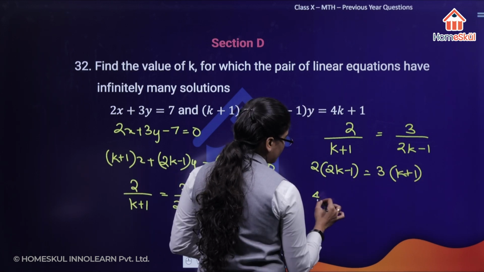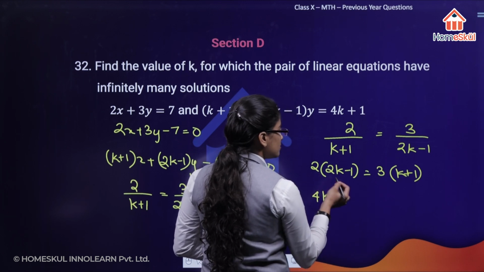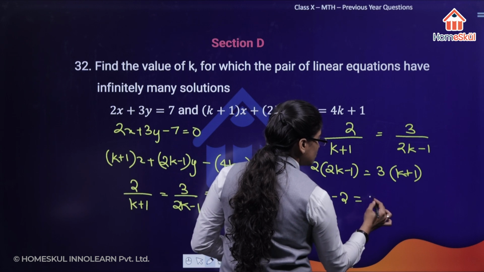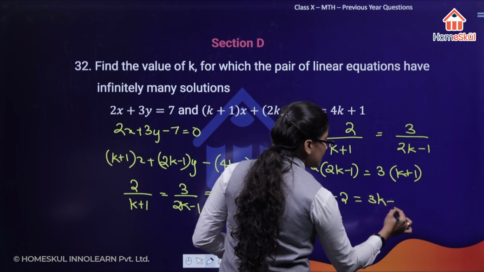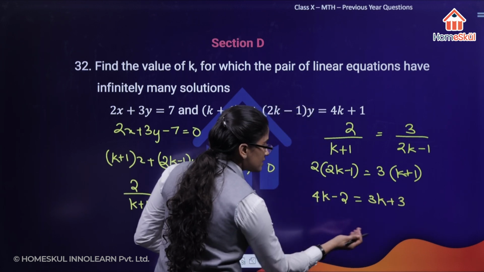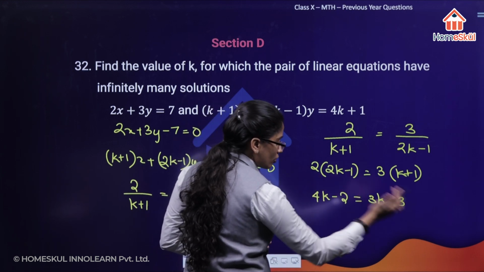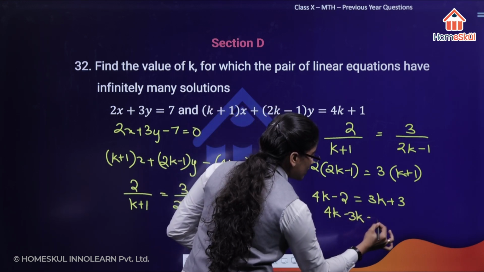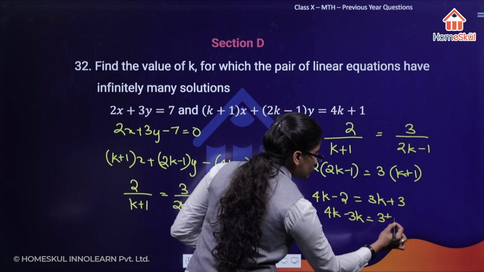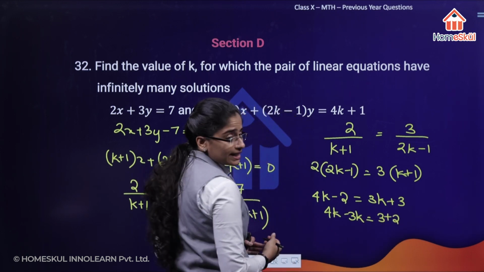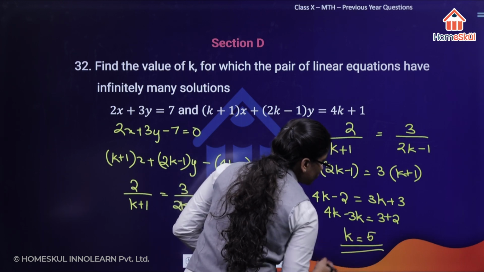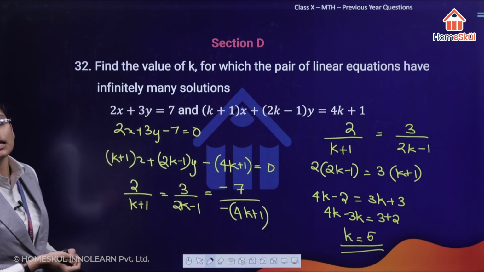Opening the bracket, 2 times 2k is 4k, 2 times minus 1 is minus 2, is equal to 3k plus 3 times 1 is 3. That means taking k to one side and constants to the other side, 4k minus 3k is equal to 3 plus 2, which means 4k minus 3k is k. k is equal to 3 plus 2, which is 5. What is the value of k we are getting? We are getting k is equal to 5.